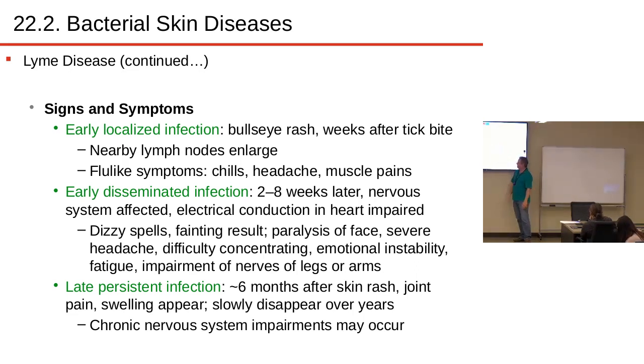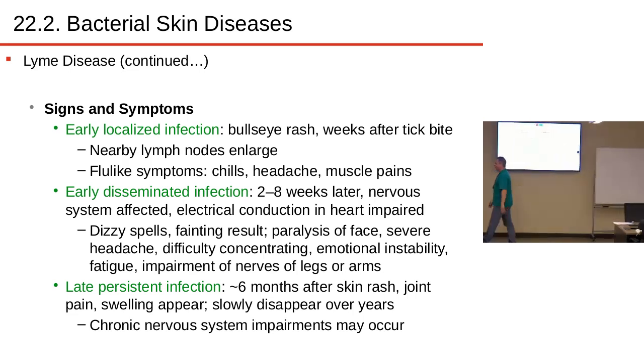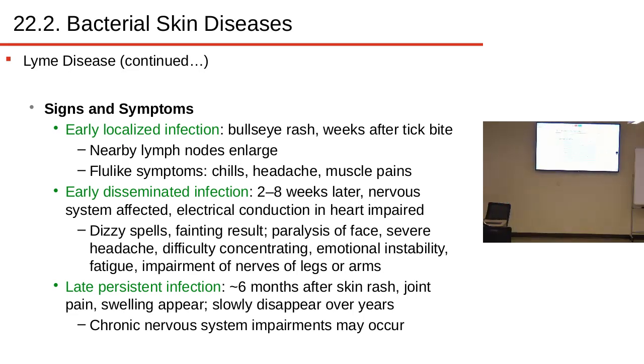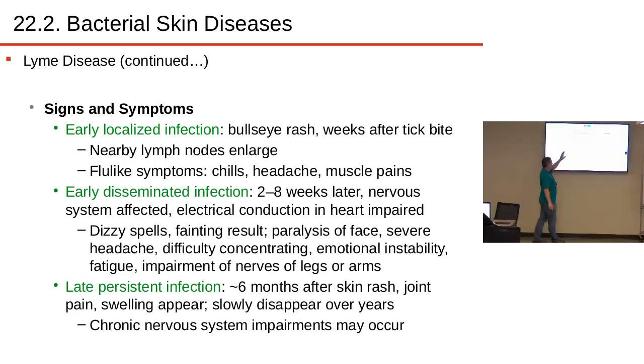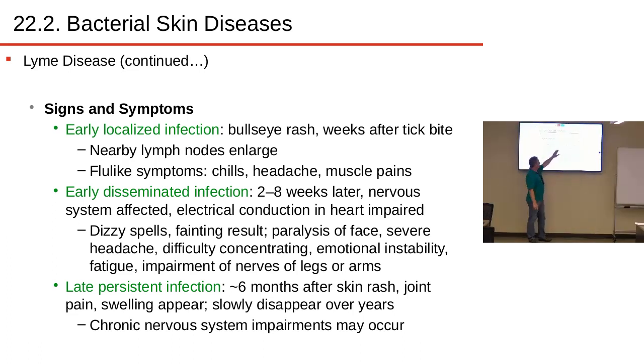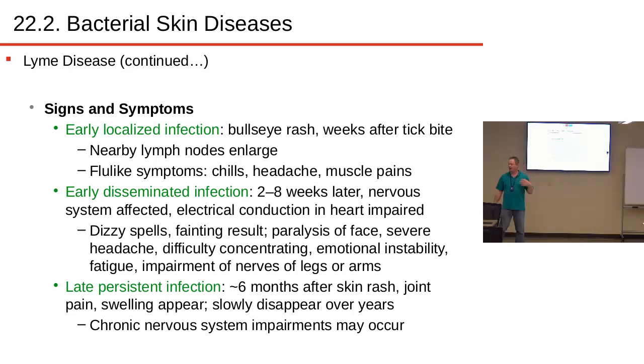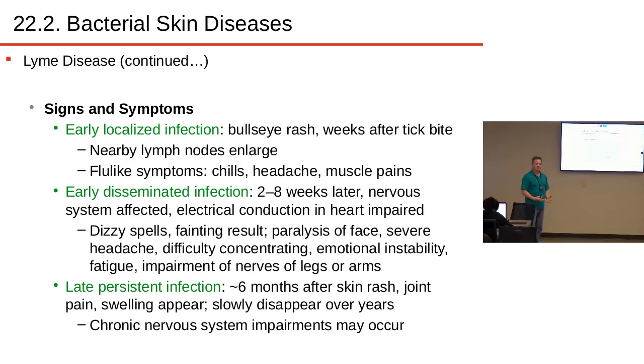Early disseminated infection. This means that the infection has gone systemic, more or less, or moved on. And this could take up to a couple months later. The nervous system becomes affected. You start getting electrical conduction in the heart impaired, so the heart starts beating abnormally. You might end up with other physical impairments.